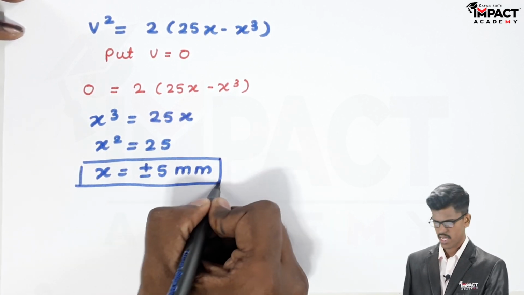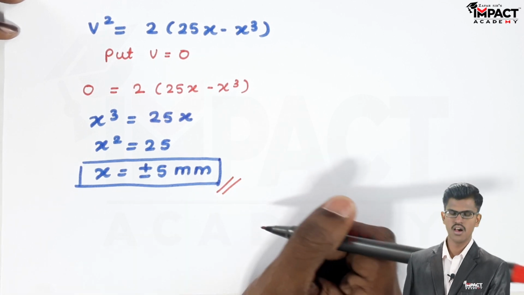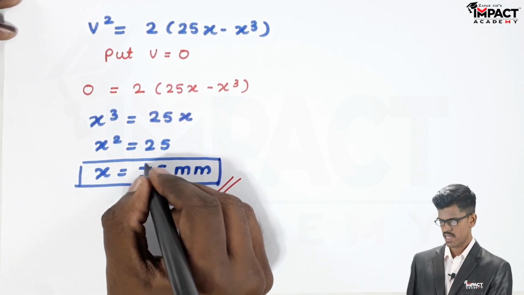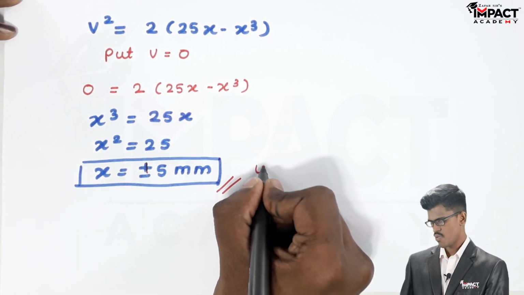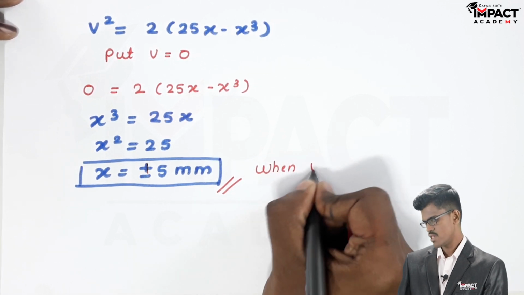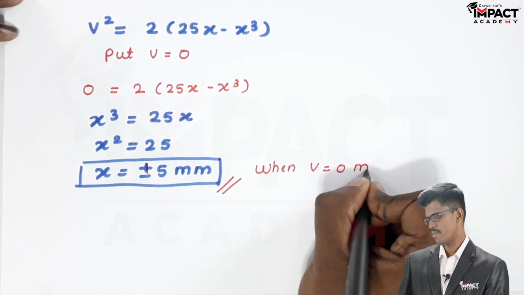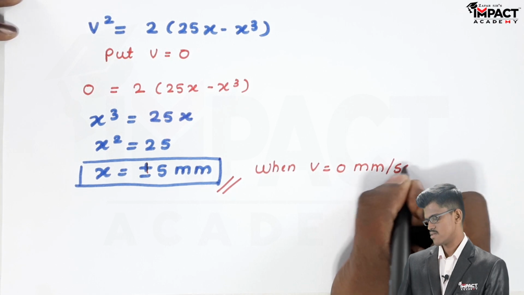This is our second unknown: x = ±5 mm when v = 0 mm/s.